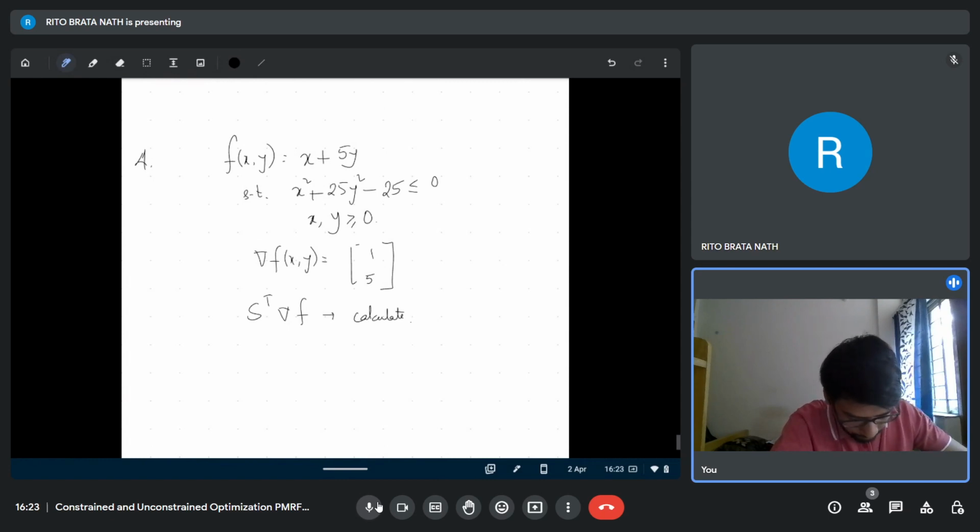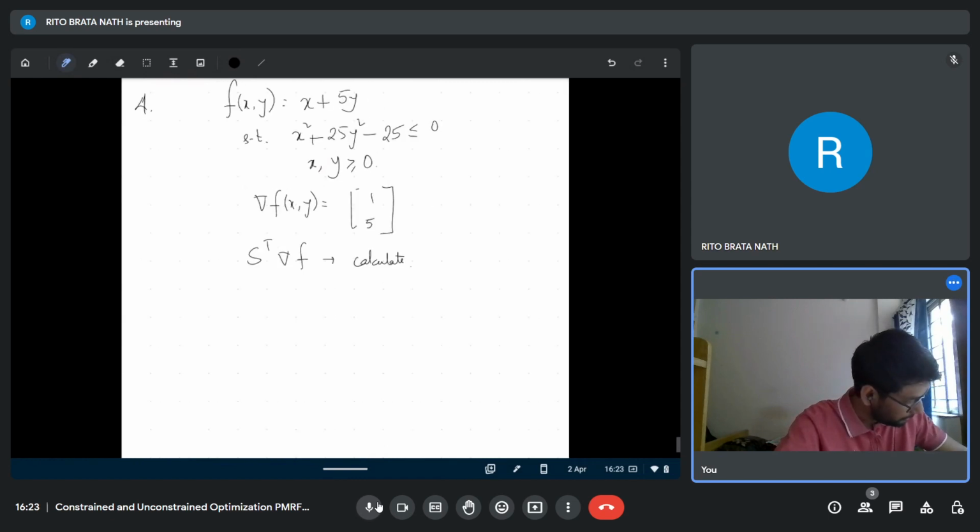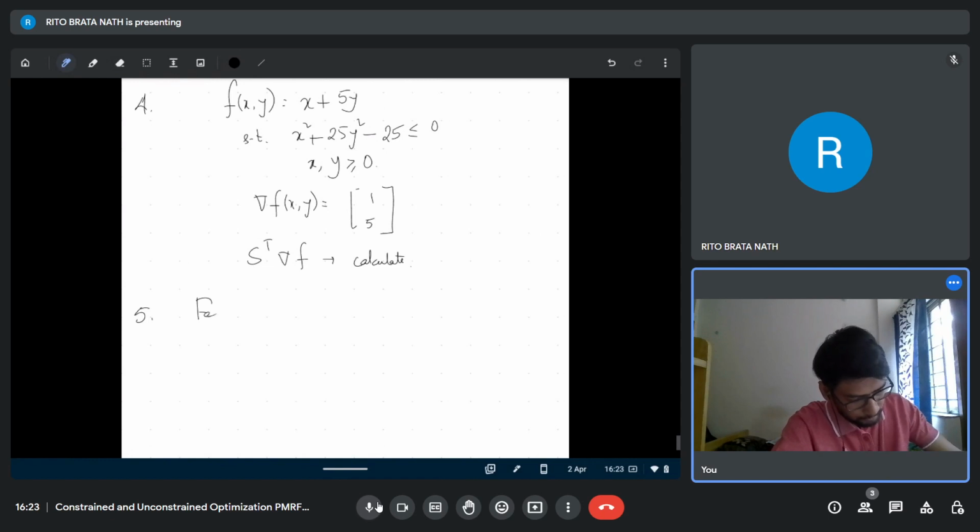For the next problem, there is again a question related to feasible direction. In this problem you have to check whether the options are correct or not.